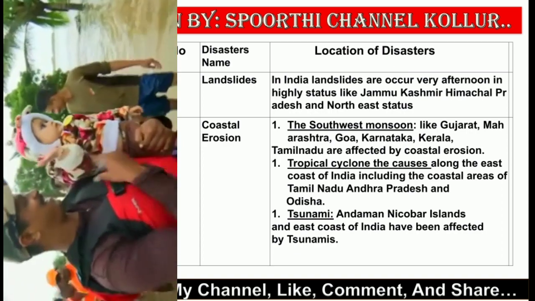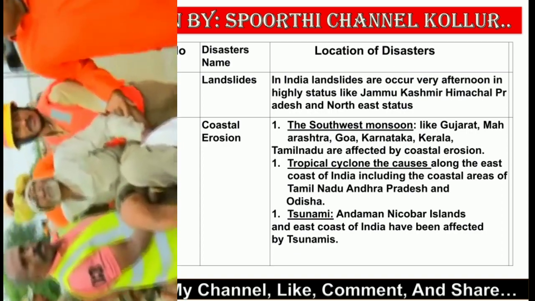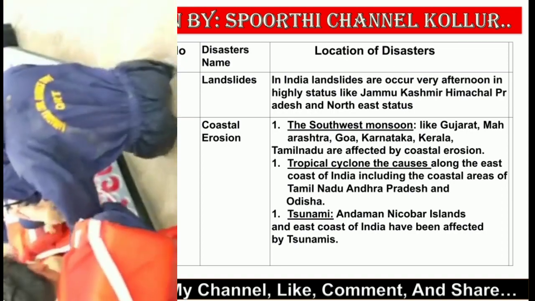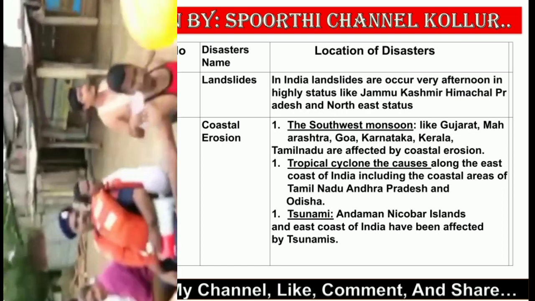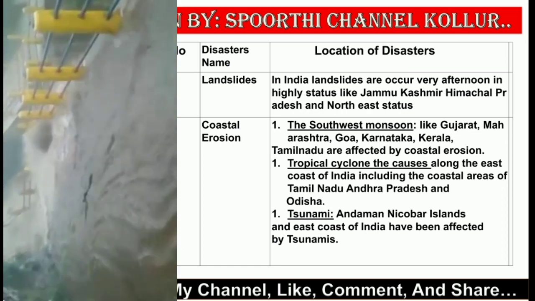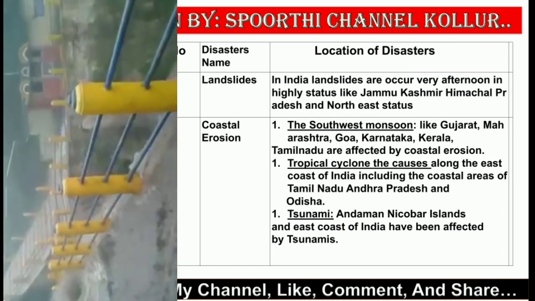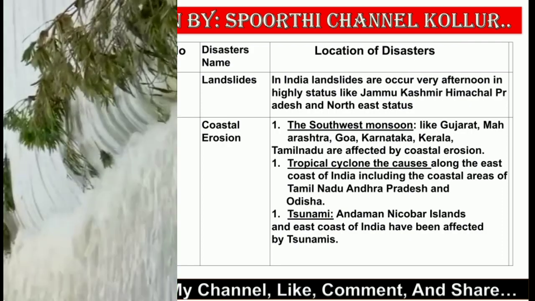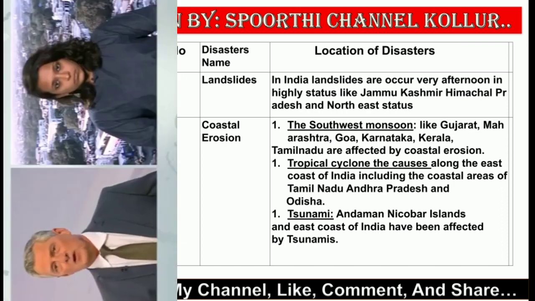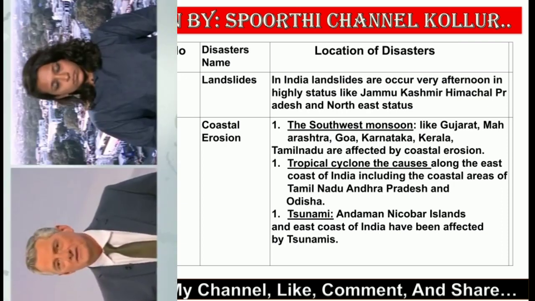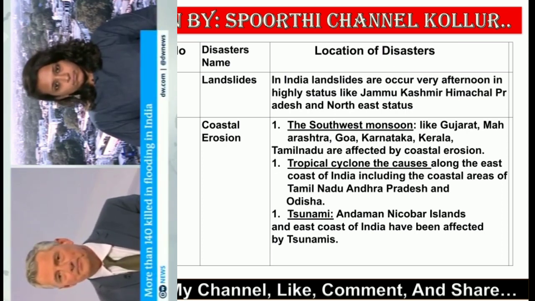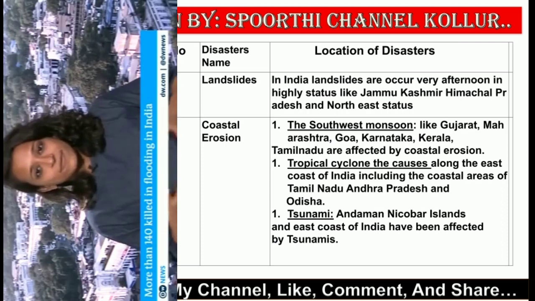Southwest monsoon affects coastal regions like Gujarat, Maharashtra, Goa, Karnataka, Kerala, Tamil Nadu. Tropical cyclones occur along the east coast of India, including the coastal area of Tamil Nadu, Andhra Pradesh and Odisha. Tsunami, Andaman Nicobar Islands and east coast of India have been affected by tsunamis.